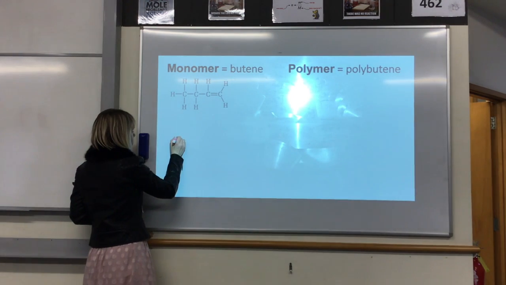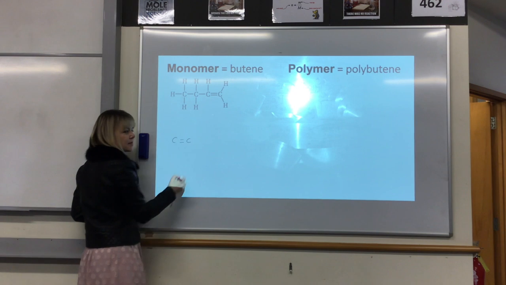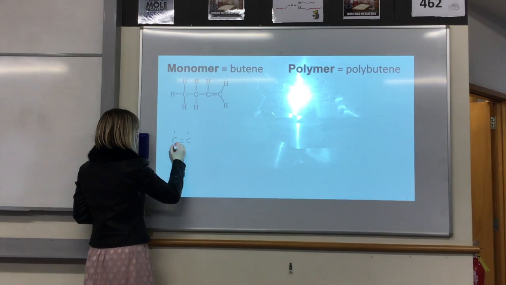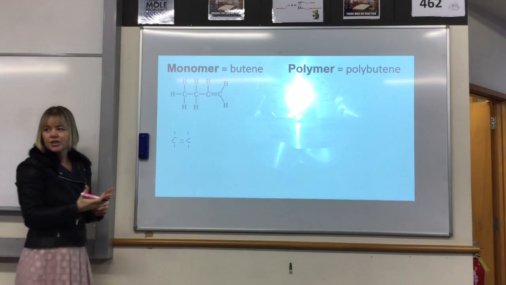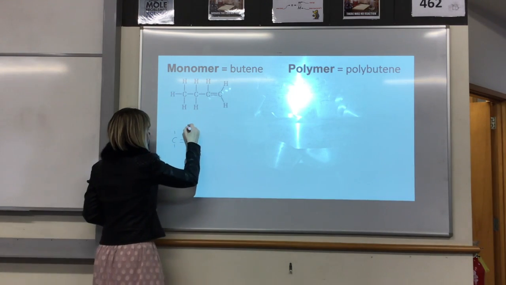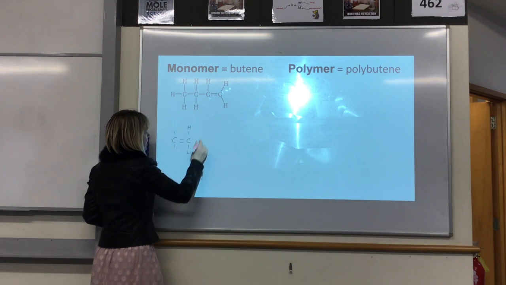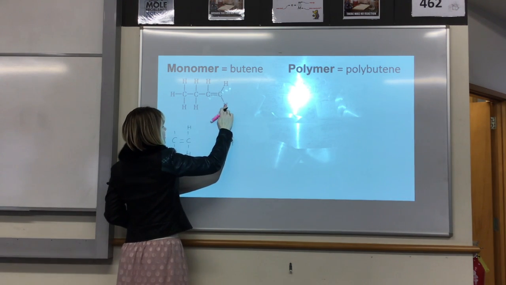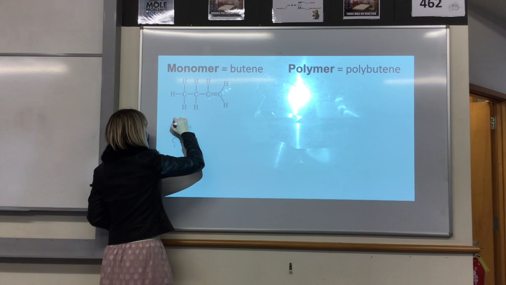Always start with a double bond like this and then put your groups, so that's where the things are going to attach. Following? So I can put two H's, so that carbon's got two H's. This carbon has got an H.